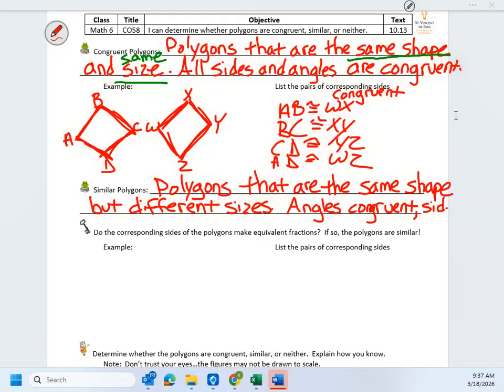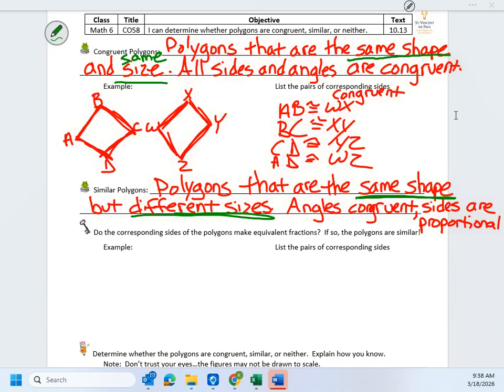And their sides are proportional. So that means every side's getting bigger or smaller at the same rate. So you're multiplying each side by 2. You're dividing each side by 3. They are the same proportion for every side. So the big thing to remember for similar polygons is that they are the same shape, different size. Okay. Same shape, different size.